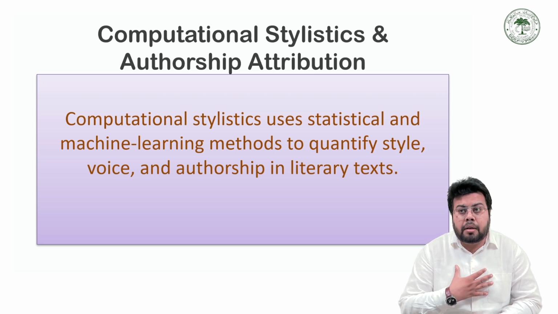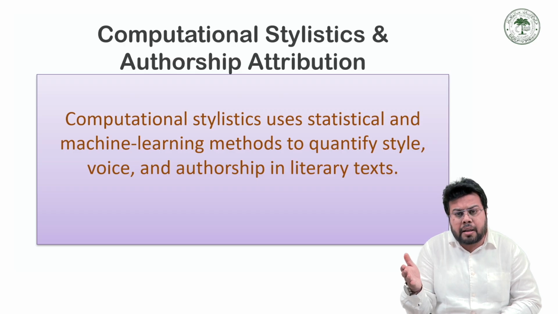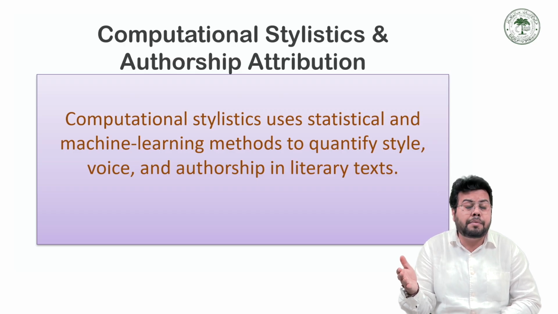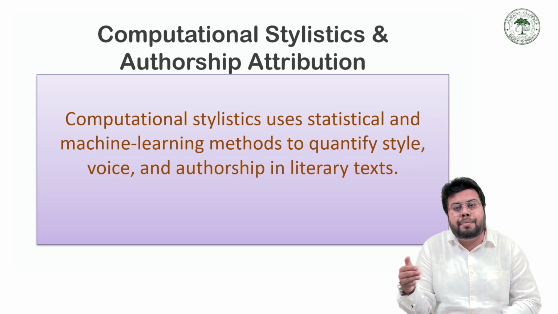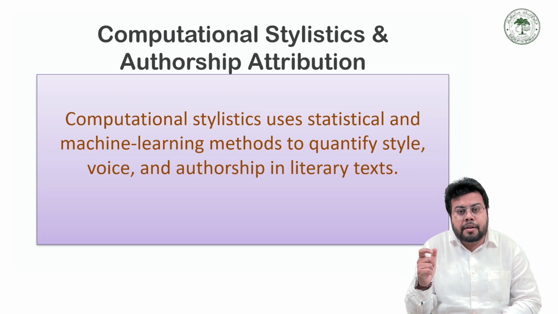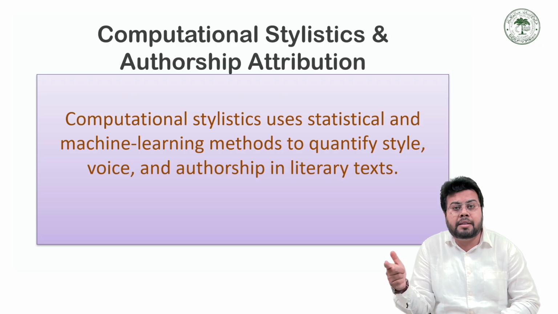It has been done in the past also that for political leaders, there are people who write speeches for them. The people who write the speeches are the actual writers, but the speeches are delivered by somebody else.